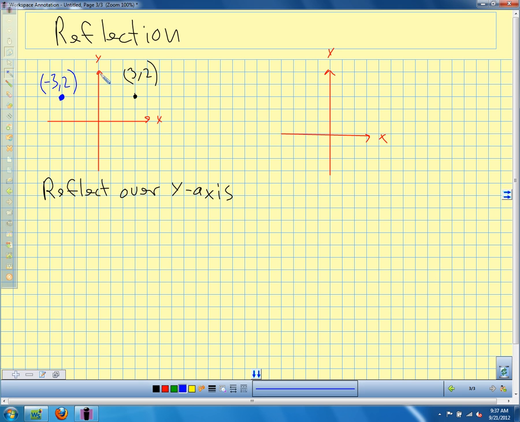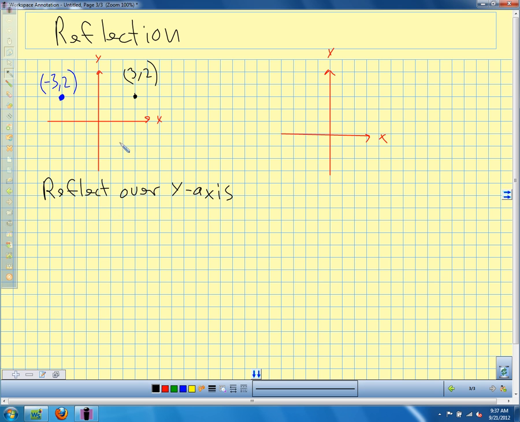So the y-axis is our mirror line, and I reflected this point over the y-axis. So what changed here? The x changed. It went down by 6.